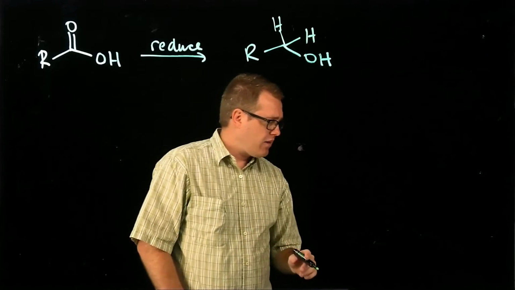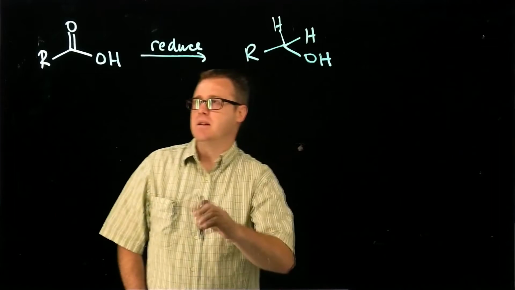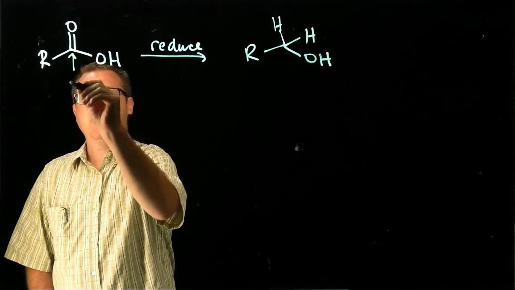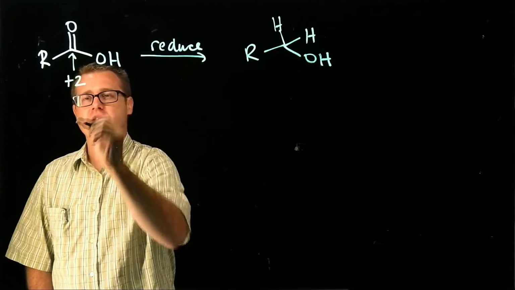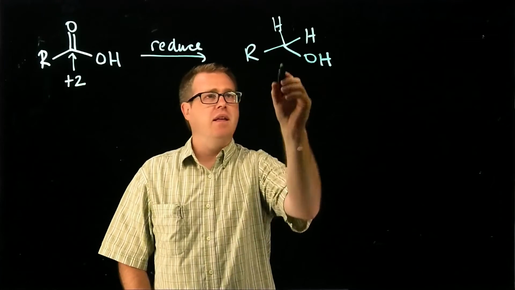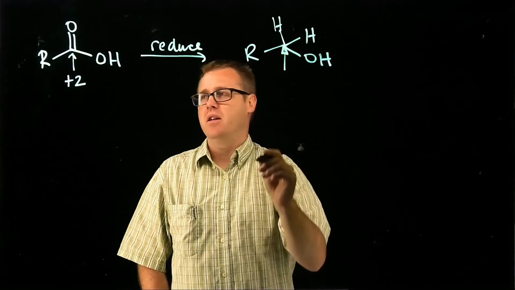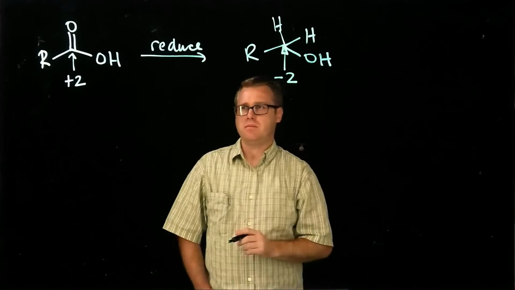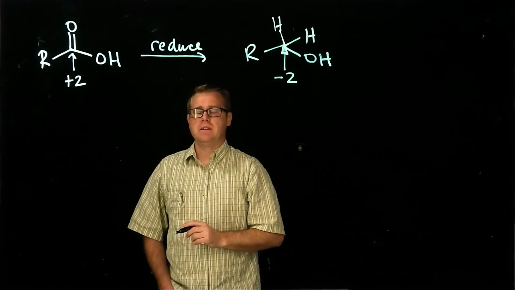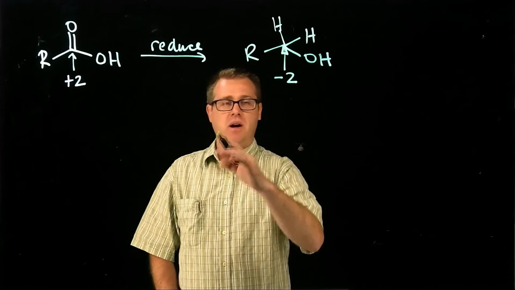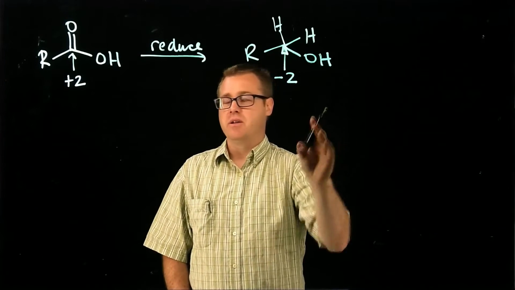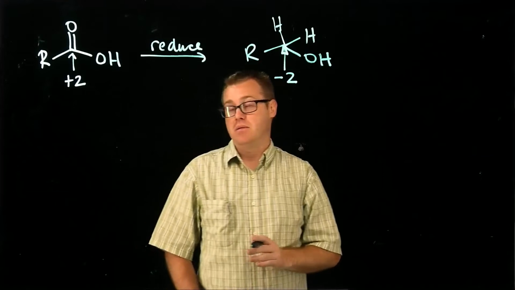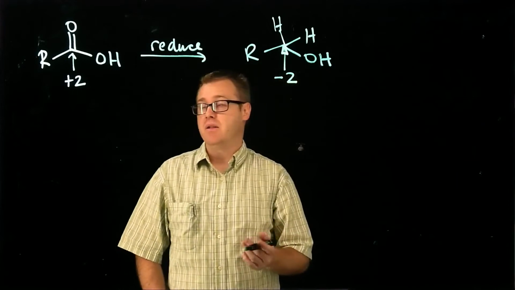We see that the carboxylic acid, this carbon right here, has an oxidation number of +2. And then the oxidation number over here for that carbon is now a -2. Now, if you don't recall how to do oxidation numbers, you can review that in your textbook in chapter 12.